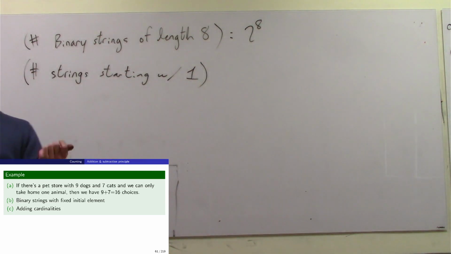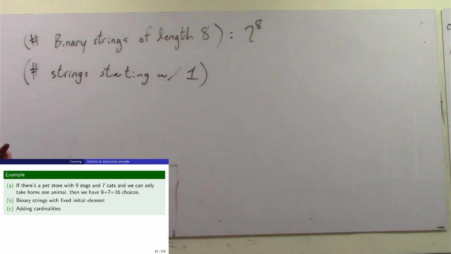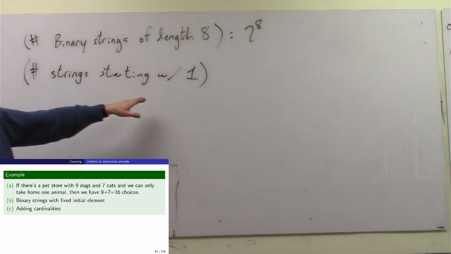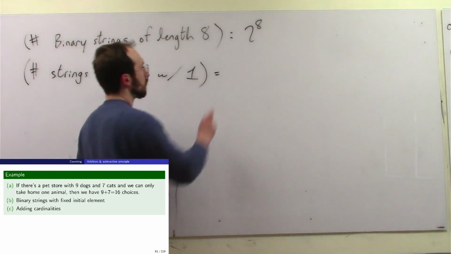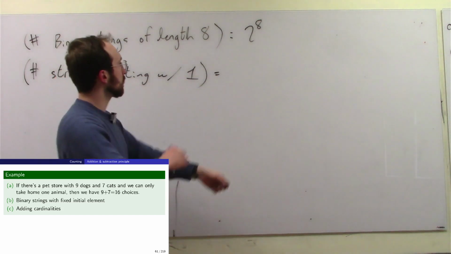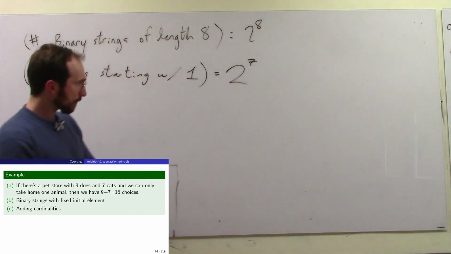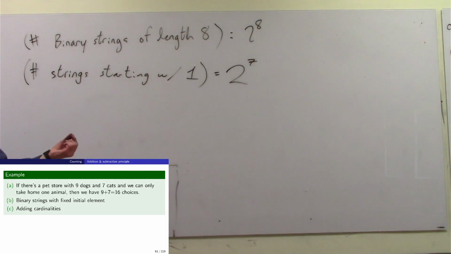Say we just fixed our first digit here. Still leave it with 8 bits in our string, but we start off with a 1 here. Well, just using the product principle, we have 1 times 2 times 2 times 2 times 2 times 2, just end up being 2 to the 7. Because we fixed that first one, and then there's 2 choices for everything else.